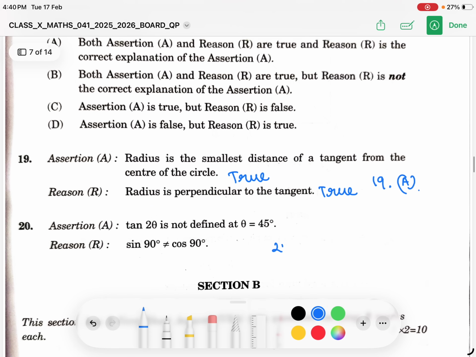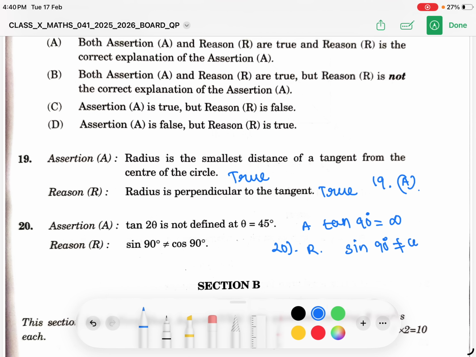Then we will go with the 20th question. Tan 2 theta is not defined, because with theta 45 degree, tan 90 degree is impossible, an undetermined form, not defined. That is the assessment. Then the reason is sin 90 degree and cos 90 degree are not equal. That is also true.